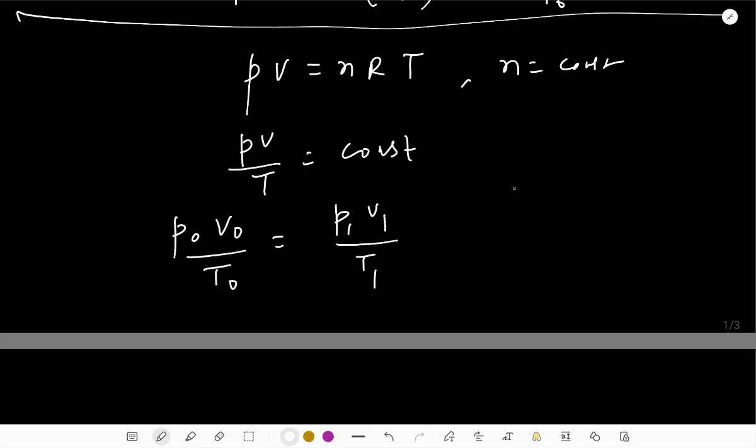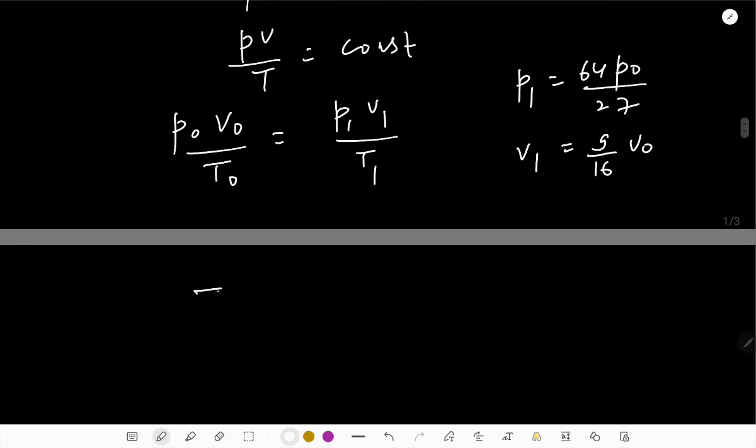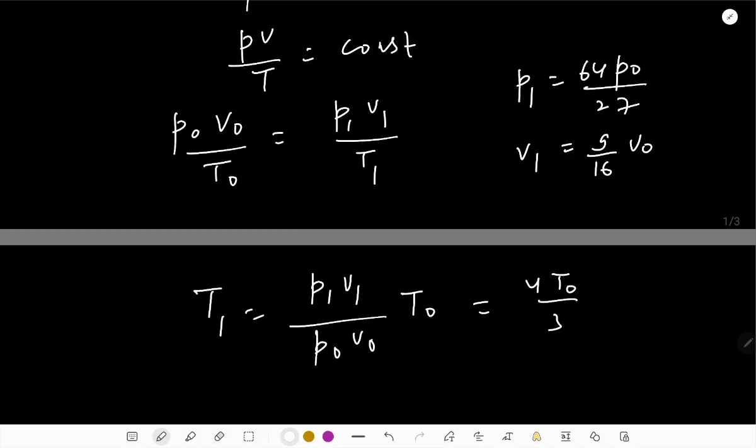P1 is simply 64 P0 by 27, and V1 is 9 upon 16 V0, and we can get the value of T1. And T1 is simply P1 V1 by P0 V0 T0. And after putting the values, you can get T1 equals 4 T0 by 3.